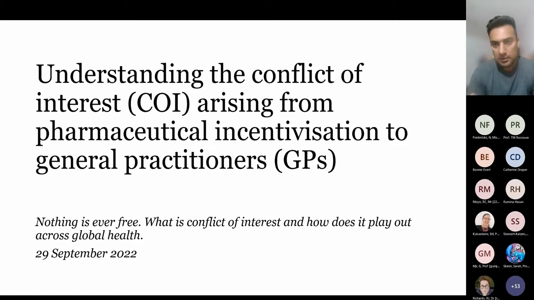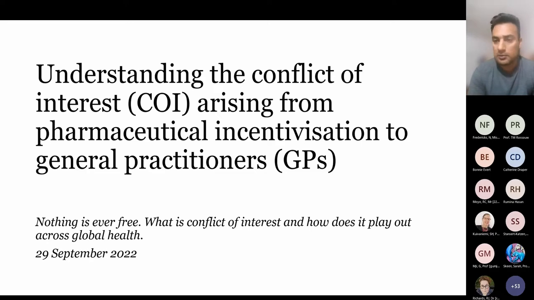Our team investigates research on the issue of conflict of interest in a pluralistic health system, and this research is being collaboratively conducted by the Aga Khan University, Pakistan, and London School of Hygiene and Tropical Medicine. And there are several people who are contributing to this study, but mainly the research is being investigated by Dr.